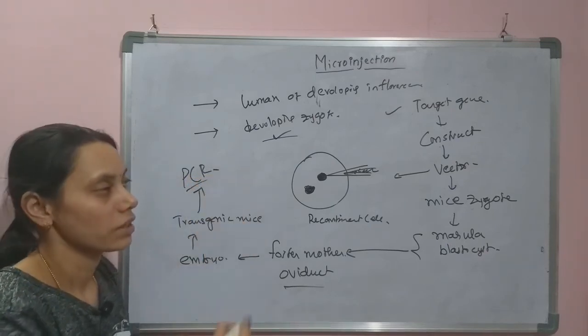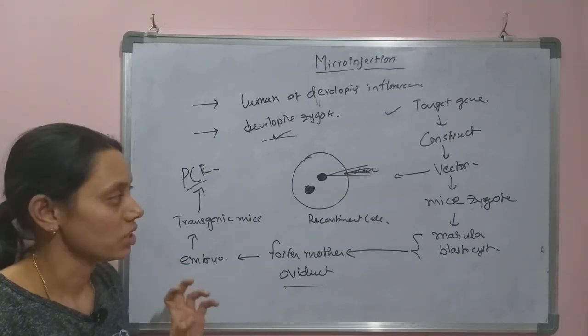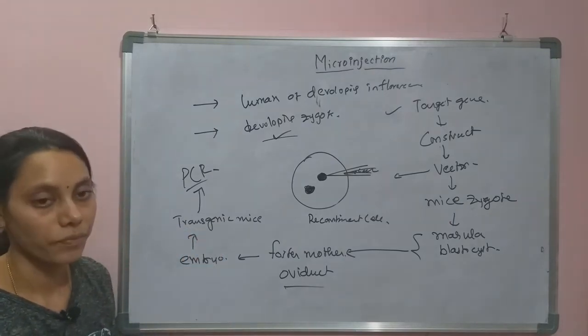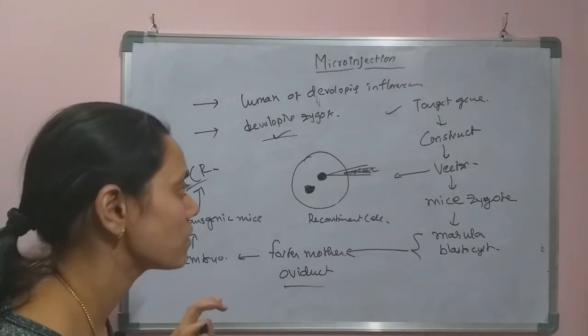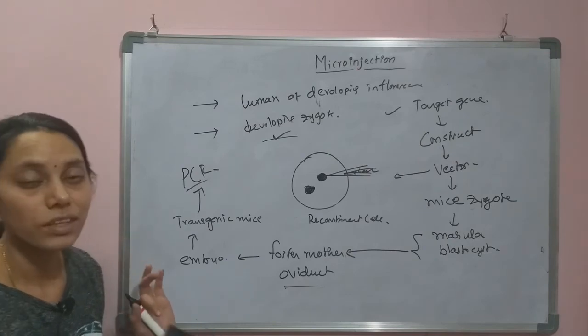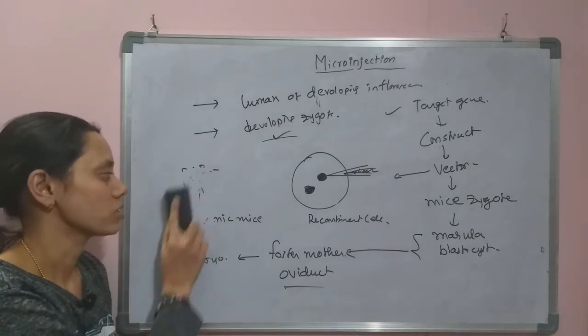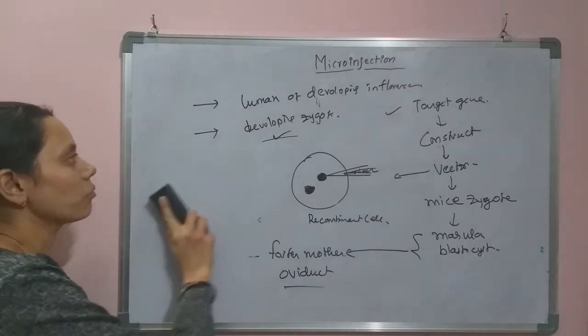Any kind of PCR technique will be employed to monitor the presence of the target gene inside these transgenic mice. So this is the example process by which generally the transgenic animals or plants will be produced using the microinjection process.